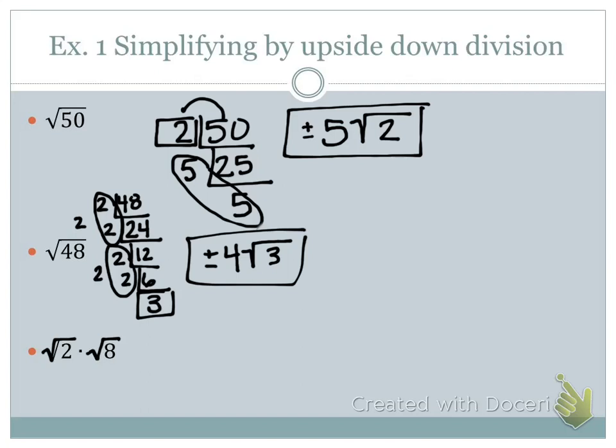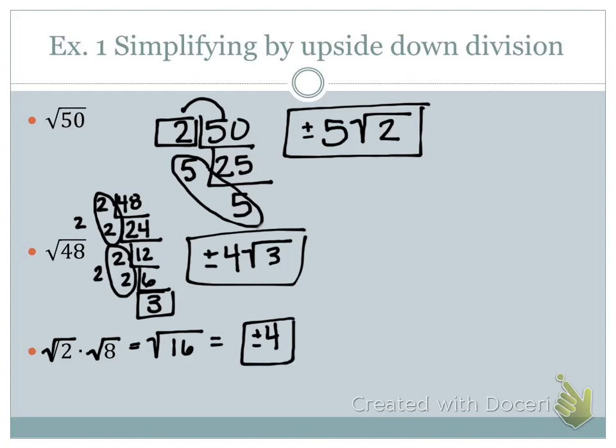So since they're both a square root, I keep my square root sign and just multiply the numbers. What's 2 times 8? 16. Can I simplify the square root of 16? What's the square root of 16? 4. Positive, negative, and that's my answer.